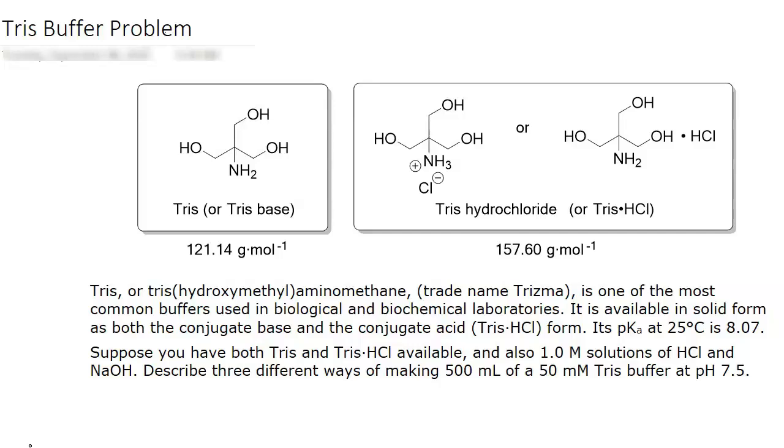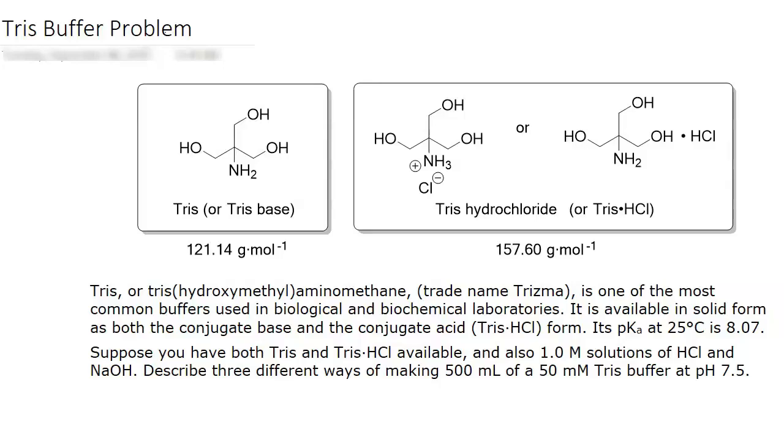That's a pretty common thing that you would need to do in a biochemical laboratory, and also for a biochemistry problem for homework or on a quiz. From here on, I'll just refer to these as TRIS base or TRIS acid or TRIS hydrochloride, sorry.